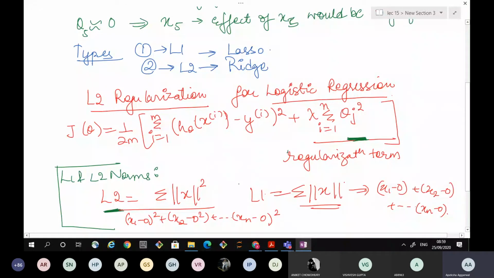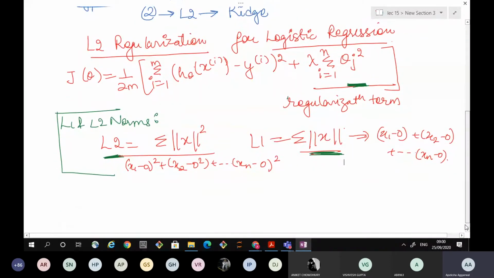So in L1 the exponent is only 1. That is the only difference between L1 and L2. In real life, we generally use L2 because we'll see why it is more important than L1. So L2 is generally used.